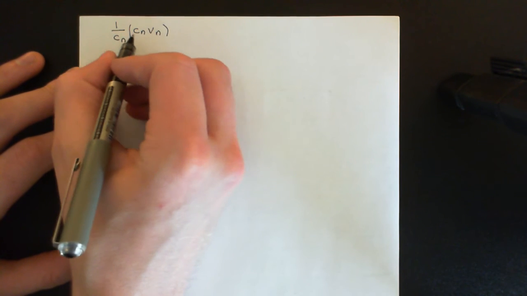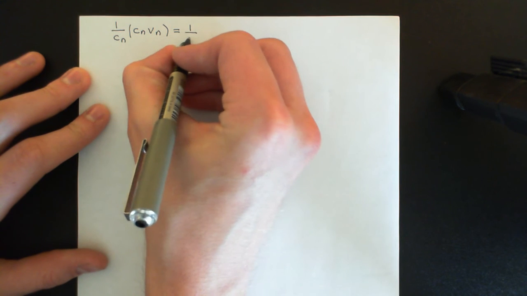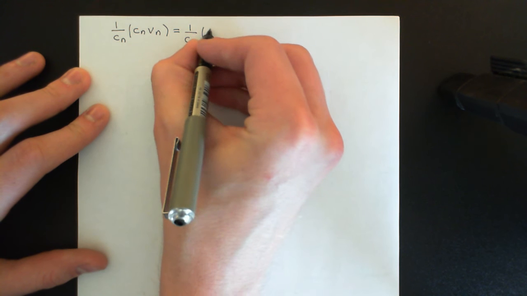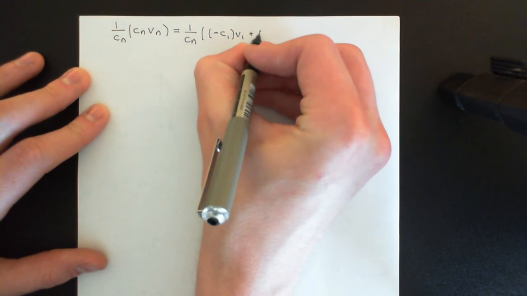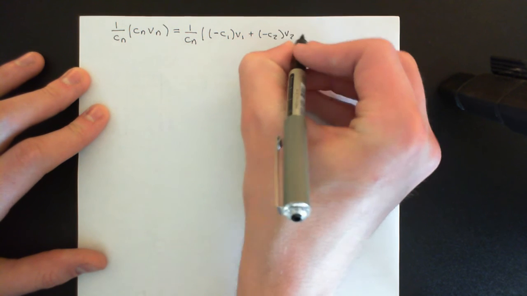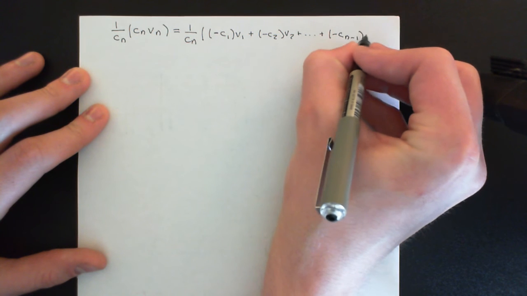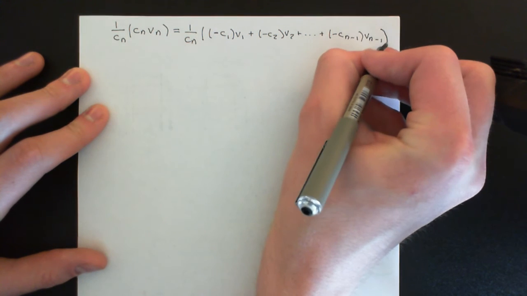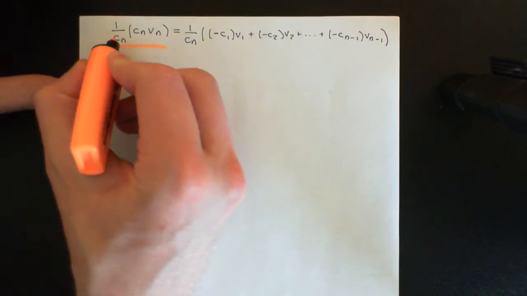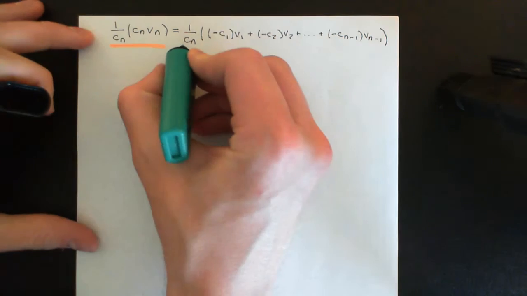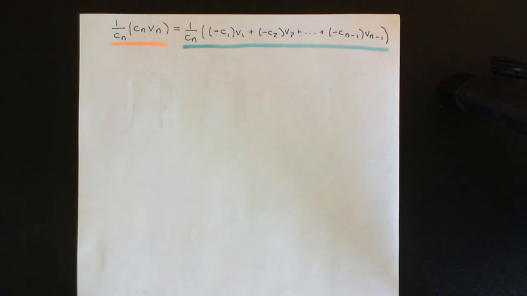Okay, so I've just multiplied the left hand side by the multiplicative inverse of Cn in the field, and then on the right hand side I'll end up with 1 over Cn times this great big monstrosity, so negative C1 times V1 plus negative C2 times V2 plus all the way up until we have negative Cn minus 1 times Vn minus 1, like so. Okay, so let's add a bit of colour onto this. Here's our left hand side, and now here is our right hand side. So all I have literally done is multiply both sides by 1 over Cn. So nothing particularly fancy yet.